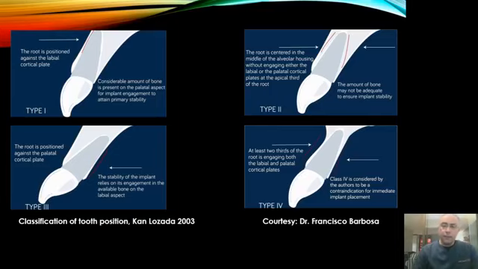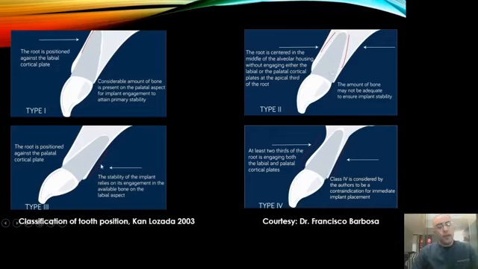And they divided this into type 1, which is where we have the tooth engaged in the buccal plate, and we have enough bone in the palatal where we can put our implant in, and it's favorable to place an immediate implant. We have type 2, where the tooth is in the middle, so we don't have enough bone either way.